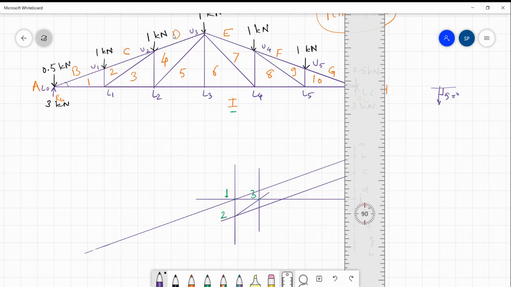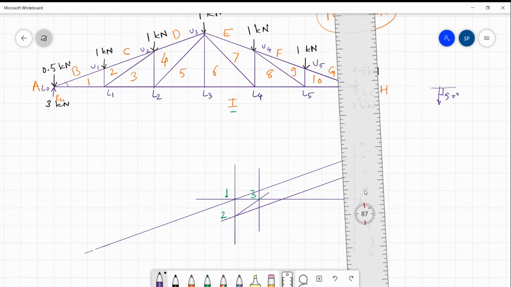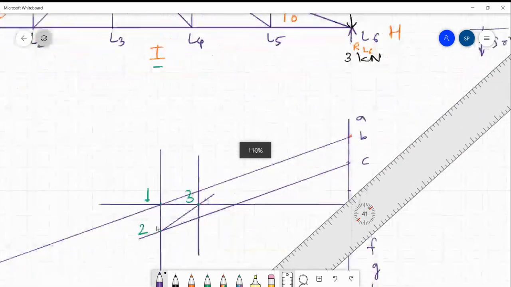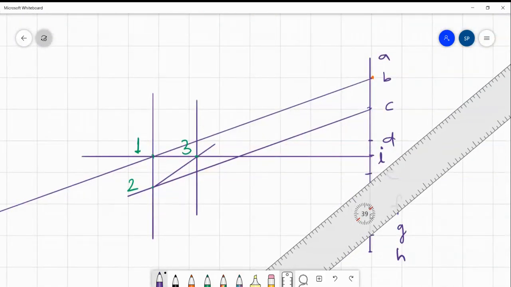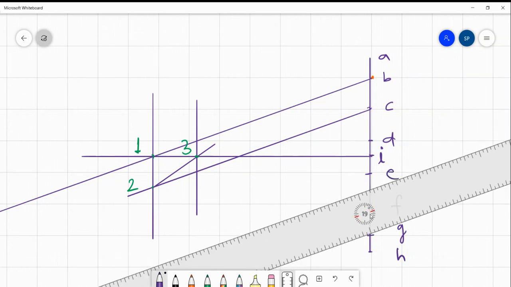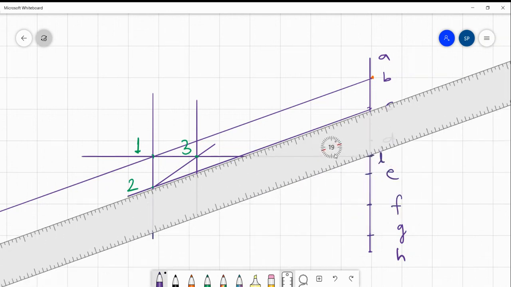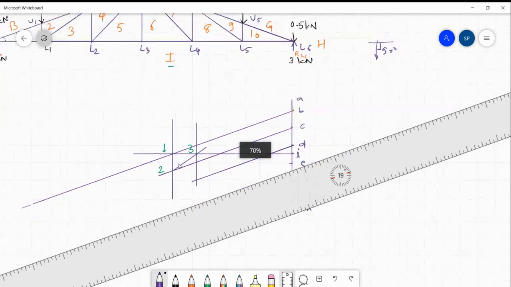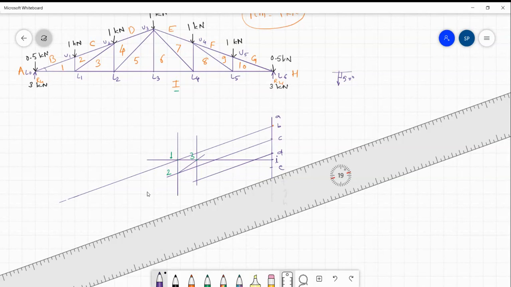For that, both notations are D and 4. 4 is located, the second is D. So again, you have to make a line parallel to U2, U3, and then pass that line from D, parallel to this, passing through D. Now wherever it cuts the line coming from 3, that is going to be your point number 4.